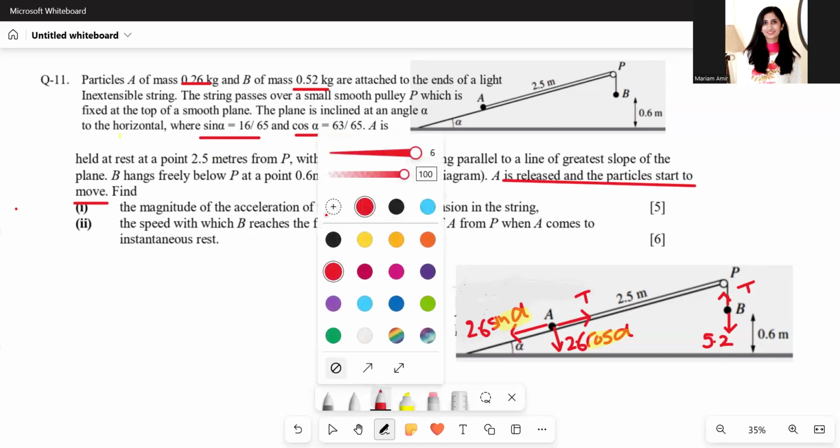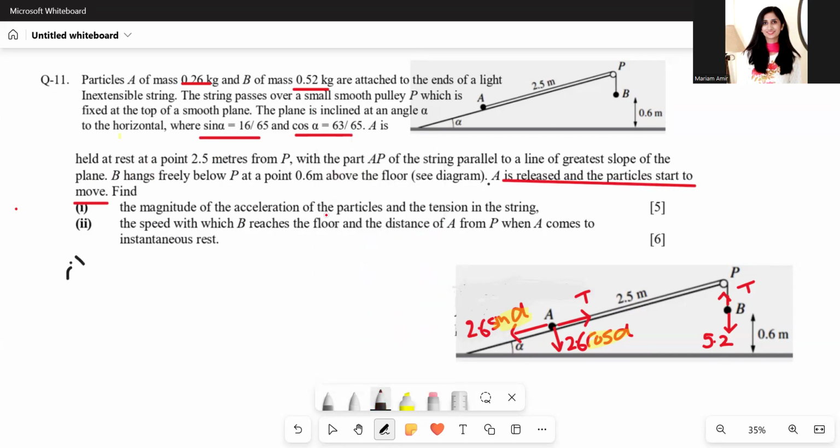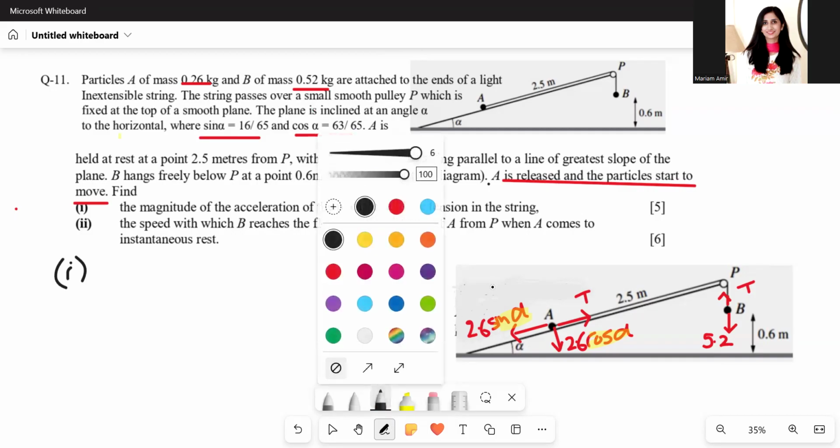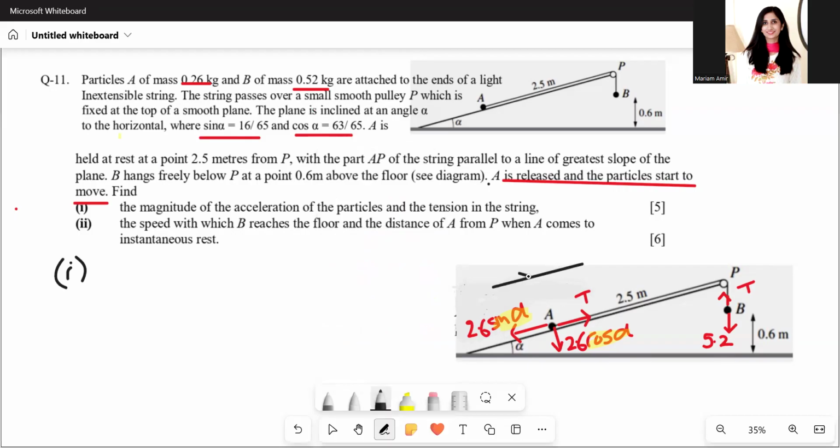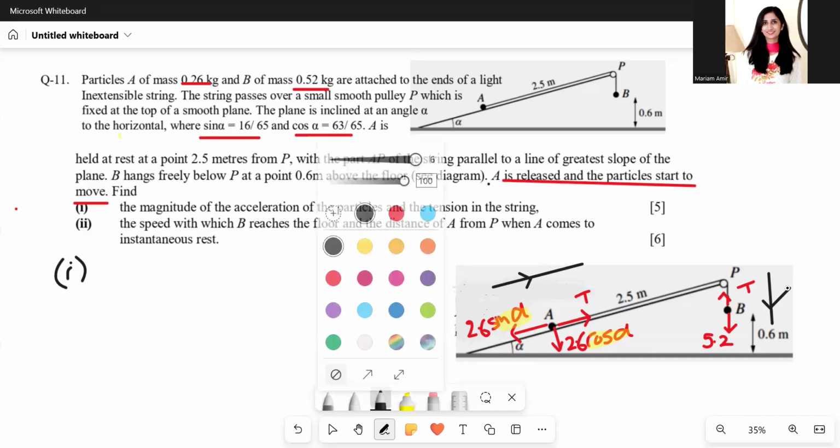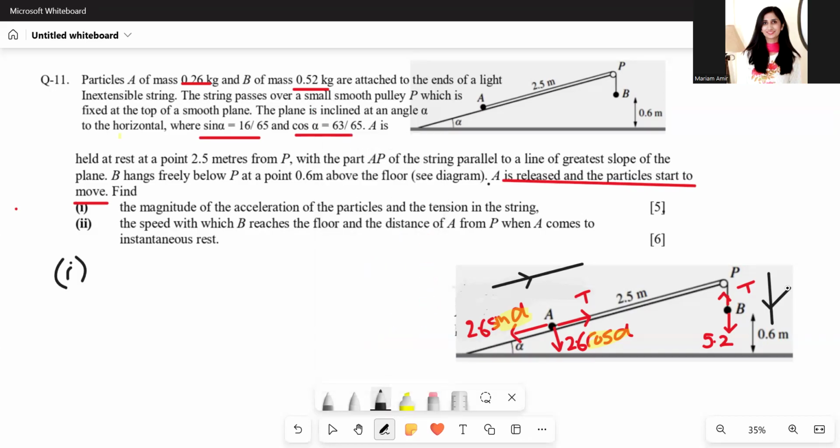Now we'll be applying Newton's second law on particle B as well as particle A. They have not mentioned friction in this question, which means there's no friction, making this question simpler. A would move up the plane and B would move downwards. Newton's second law: forward force minus backward force equals ma. At A, the forward force is T, in the direction of motion.